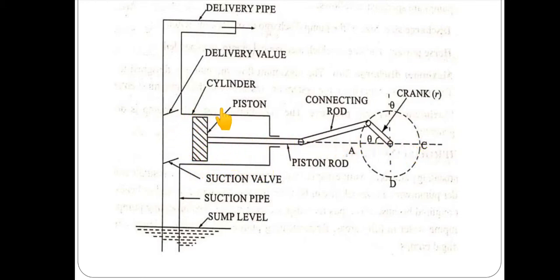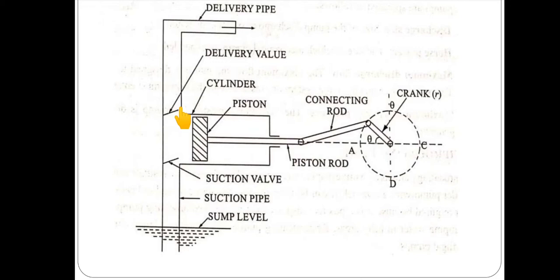This creates a vacuum in the cylinder, then water is drawn into the cylinder through the suction pipe, and during this time the suction valve is open. Then when the piston moves from right to left, the water is pushed from the cylinder to the delivery pipe through the delivery valve. This is the simple working principle of the reciprocating pump.